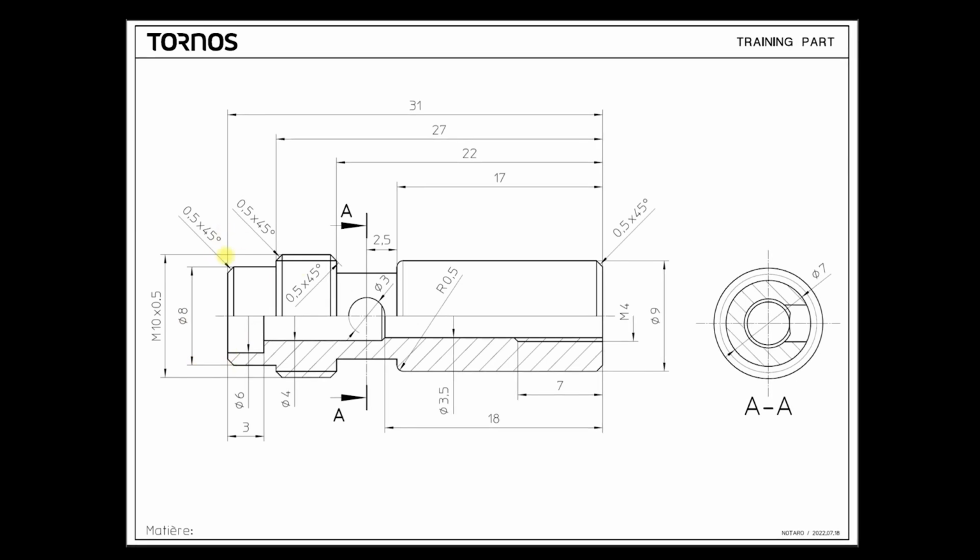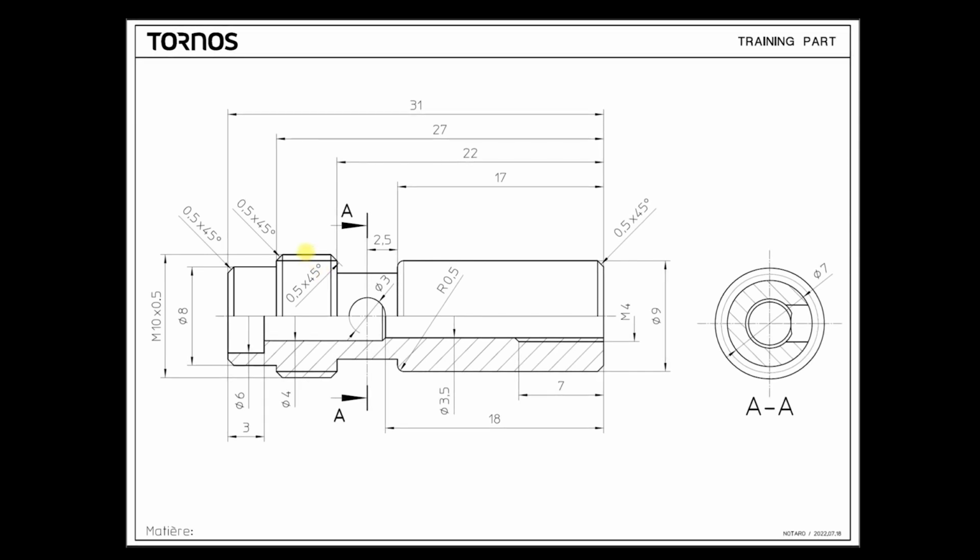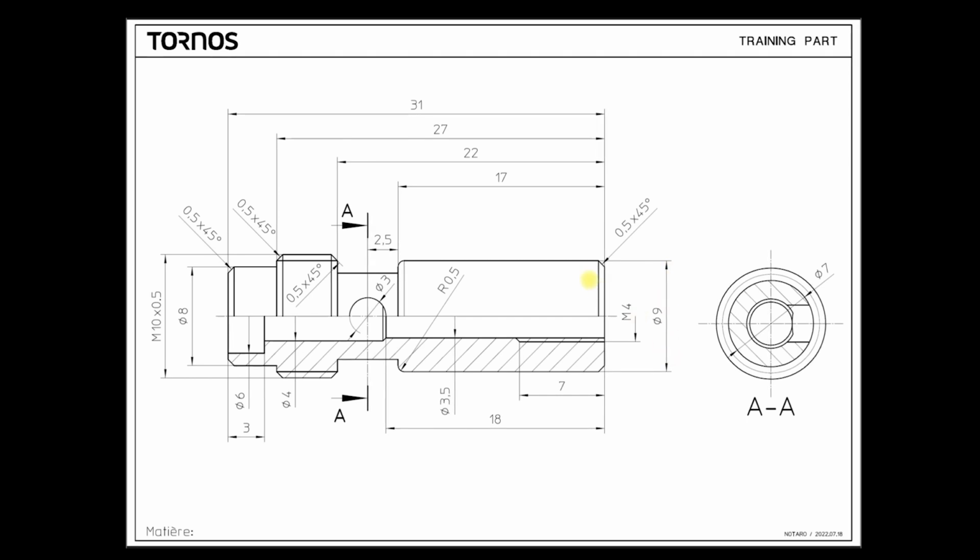Here you see the external thread, and of course we don't want to make pickoff on this thread. So the other possibility is to pick off on diameter 9, and then the back spindle can move to this position. So we can enter as pickoff length 16.5.